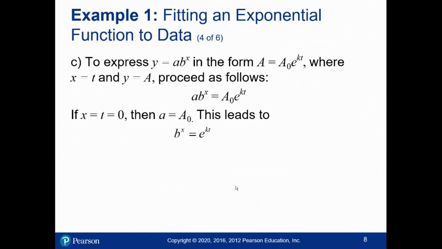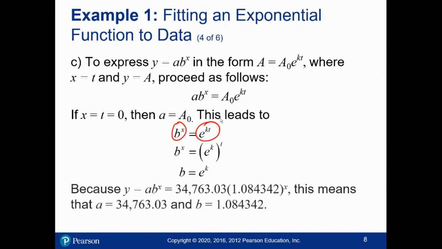In other words, the exponential part needs to equal the exponential part, which tells me that that b is actually e to the k. And there's how we're going to convert this. Whatever b is, it's e to the k. So therefore, this b is e to the k, so we can use that to solve for k.